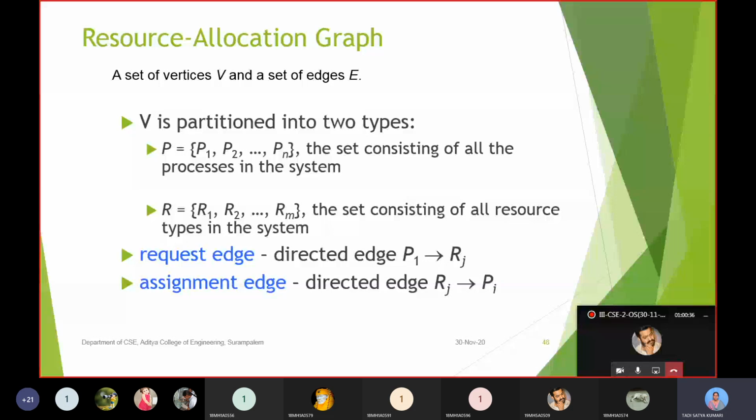What is a directed edge? Do you know what a directed edge is? Please respond. Anyone please respond?